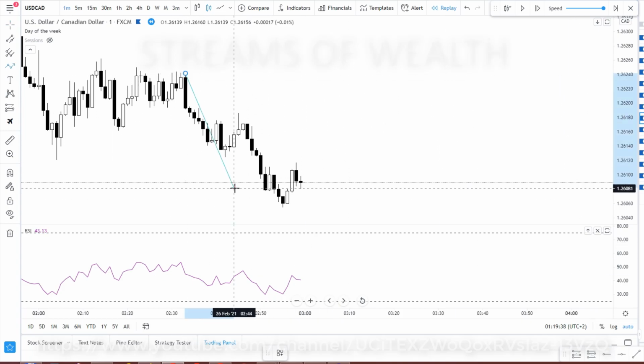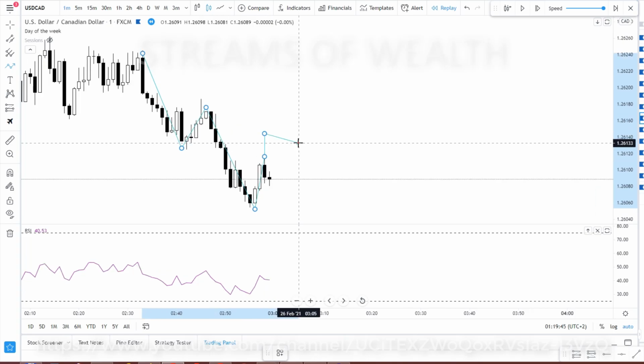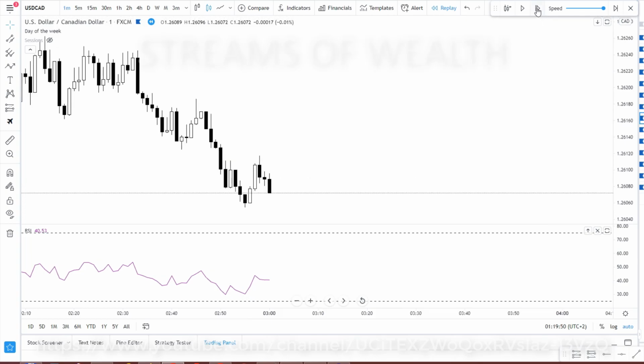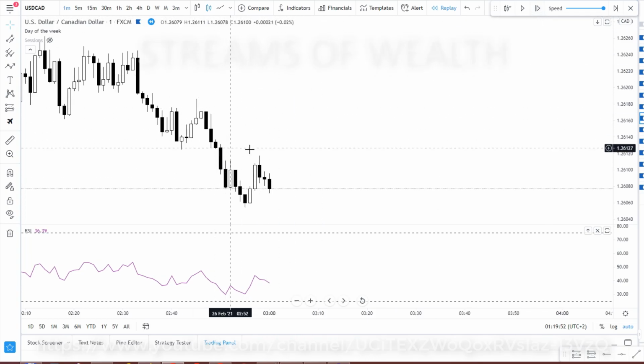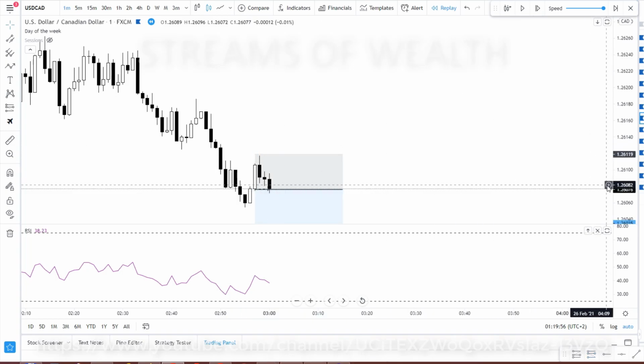So we have lower lows, lower highs, lower lows, and a retest of these highs. So let's wait for the next candle or retest of these lows. It's moving down, so at this point you can take it.